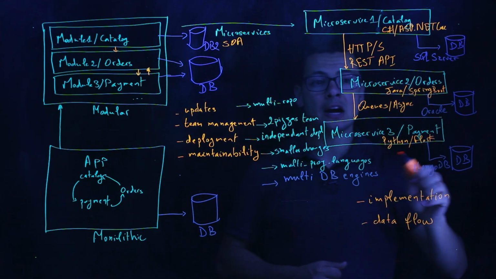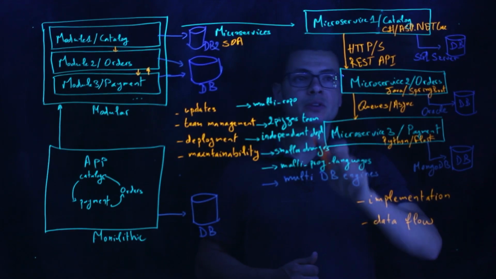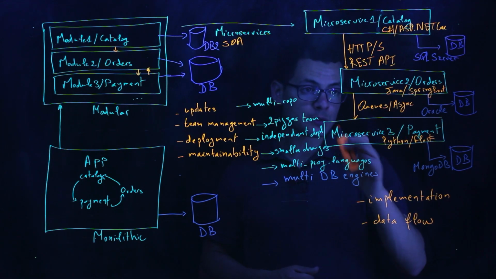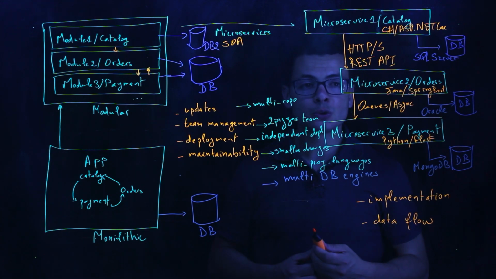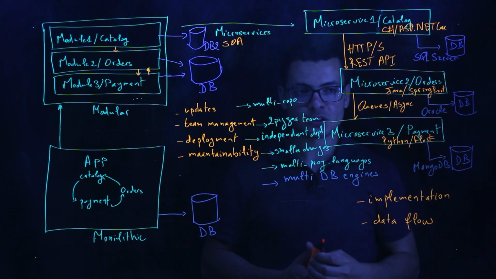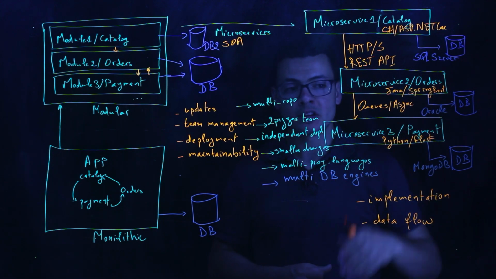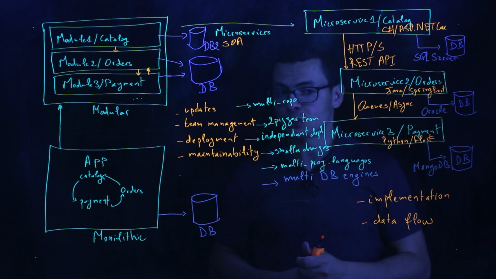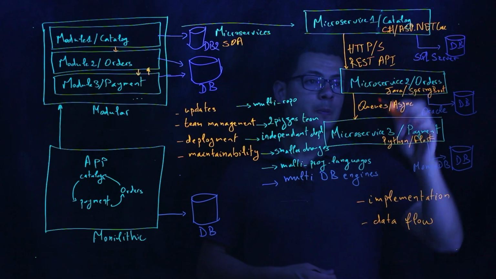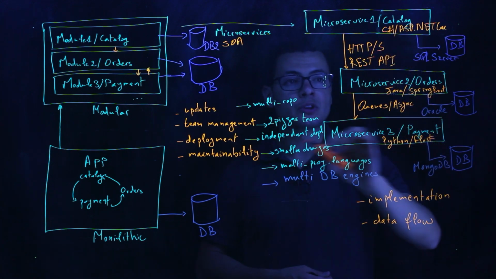But here we have distributed microservices, and those will be using different protocols and different async or synchronous methods for communication, and it's a bit difficult to understand what is the flow of the data inside the application, because we'll have many microservices. Here we only have 3, but imagine if we have hundreds of microservices communicating with each other, sending data to each other, and invoking methods and REST API from different microservices.